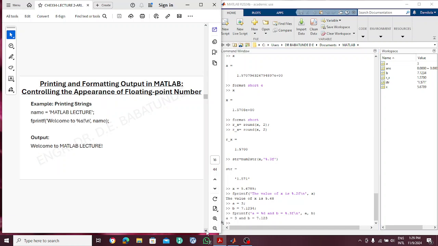So our variable can be a string also, and fprintf can be used to print it out. In this case, let's create a string variable called name, and the value is going to be MATLAB lecture.